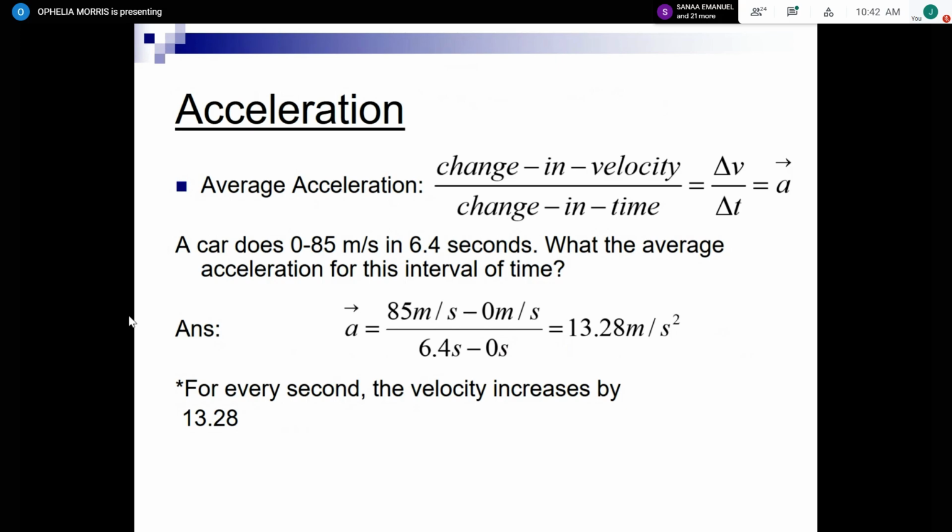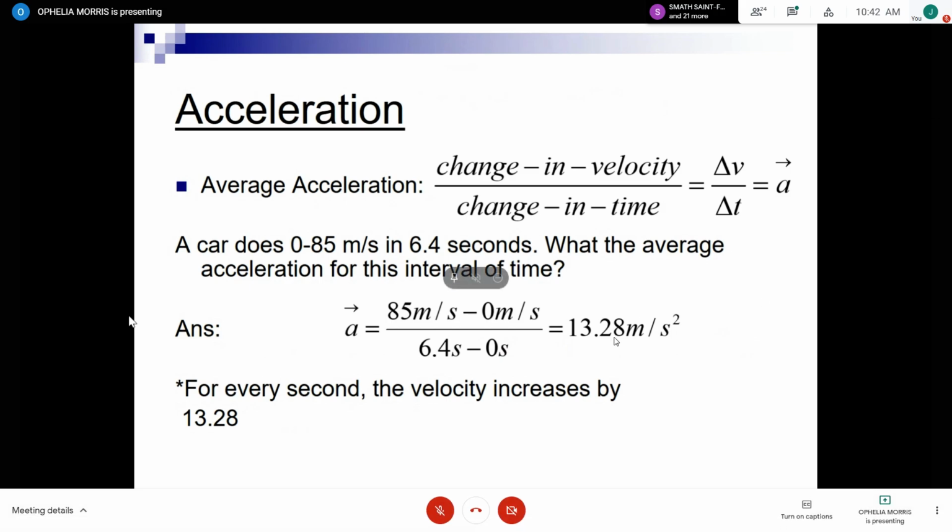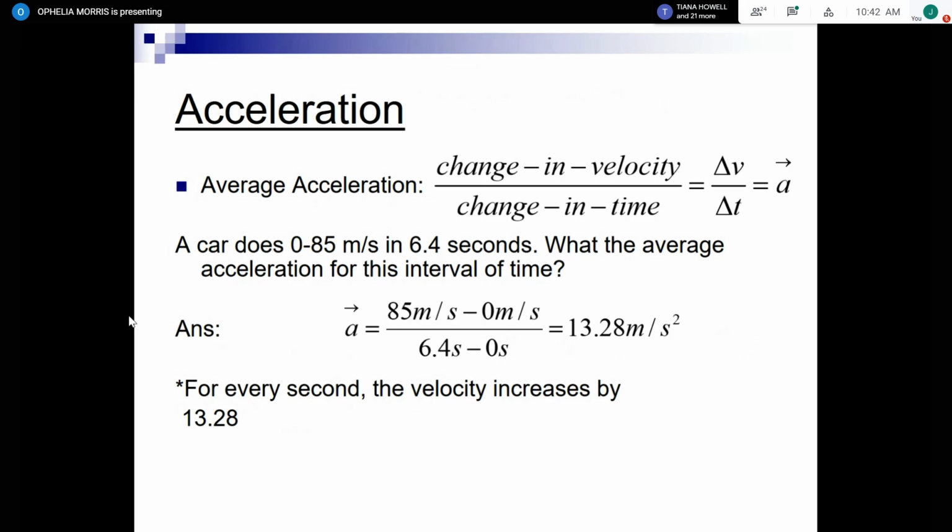Meters, M is on top, second is on bottom. At the top, it says M/S, that's meters per second, and at the bottom, it just says S, that's just second. Oh, you're saying that the M is not there? Yeah, I forgot to put M. Okay, I got you.